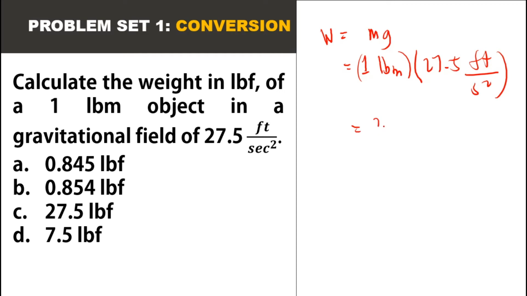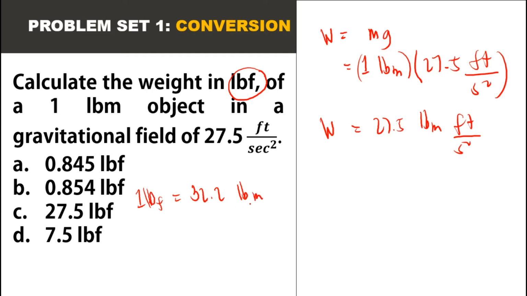So that gives us 27.5 pound mass feet per second squared. We are required to convert that unit into pound force. The only way to convert that is using the gravitational constant. We have the conversion: 1 pound force is equal to 32.2 pound mass feet per second squared.